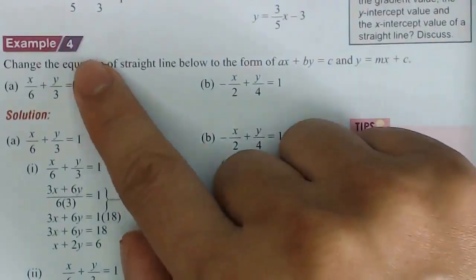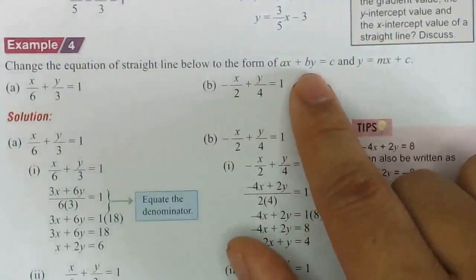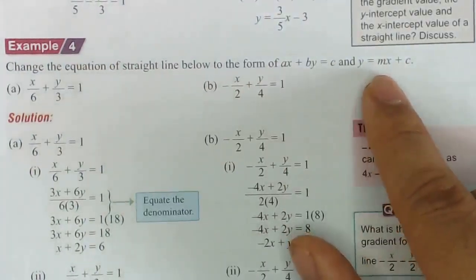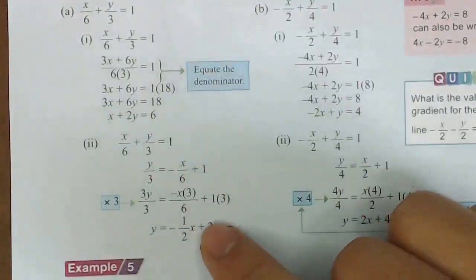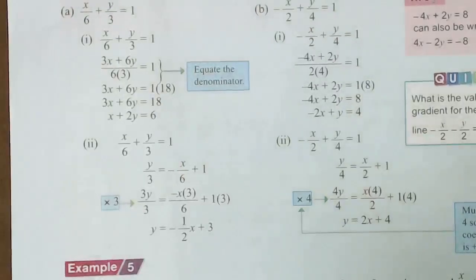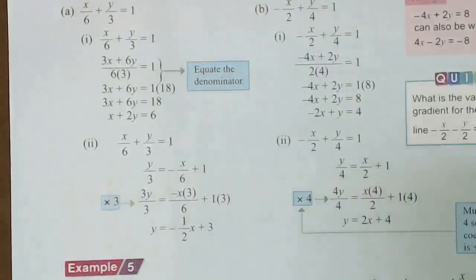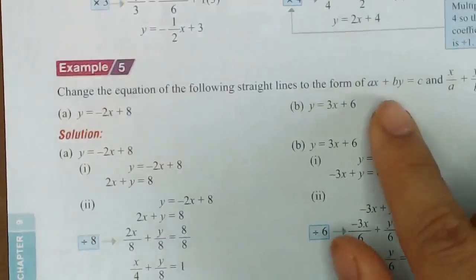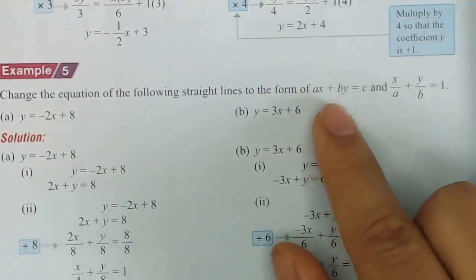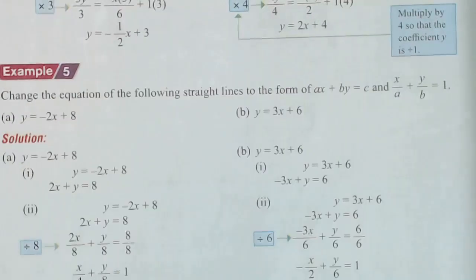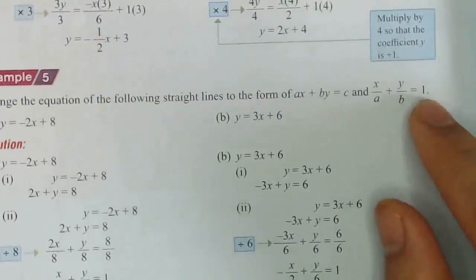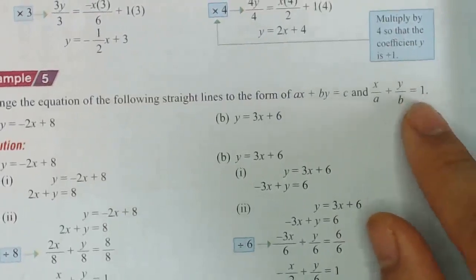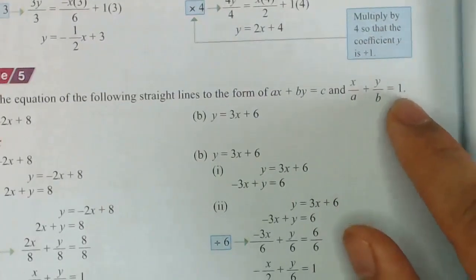Correct. Example 4 here. Change from this form to this form. Okay, so you know the process. Any problem with it? Got no problem. Example 5. From this form to this form. The idea is whatever the value behind, you must make it 1.